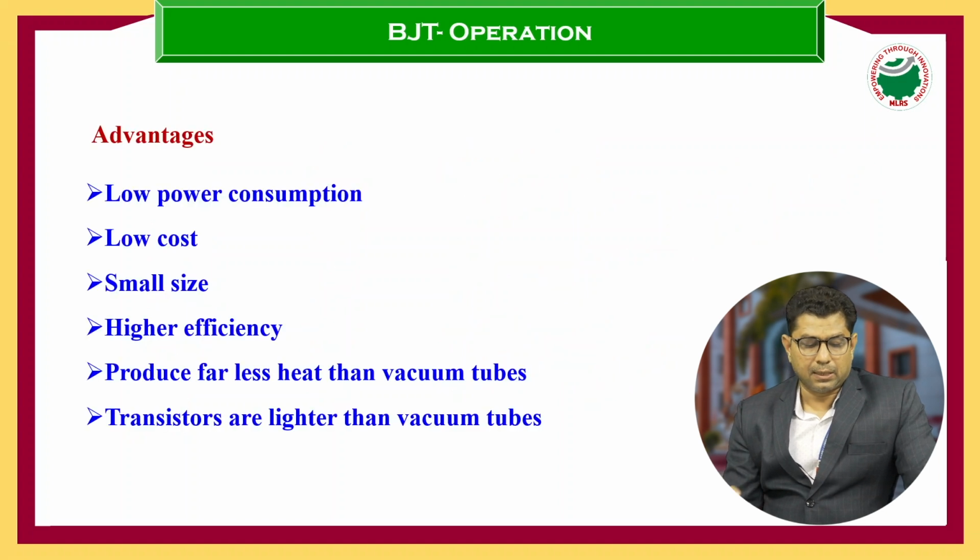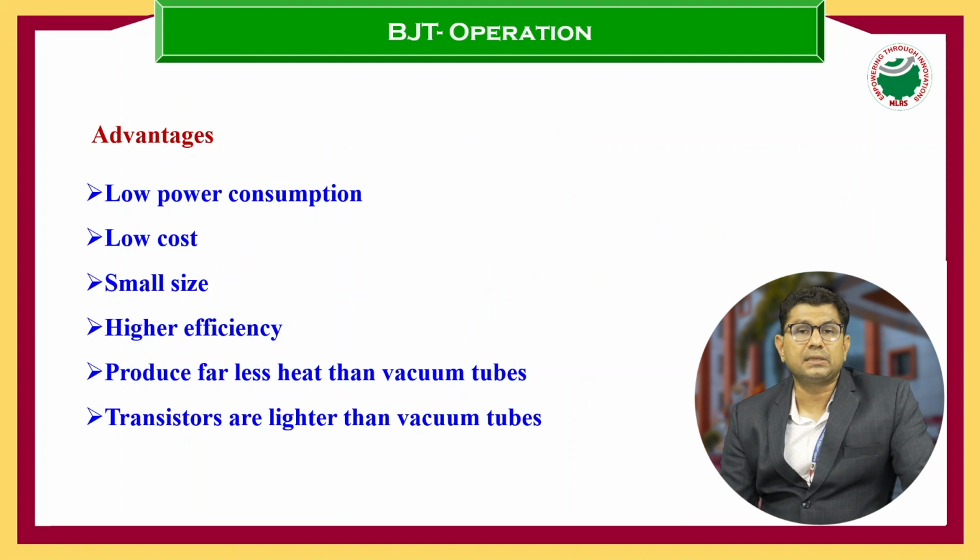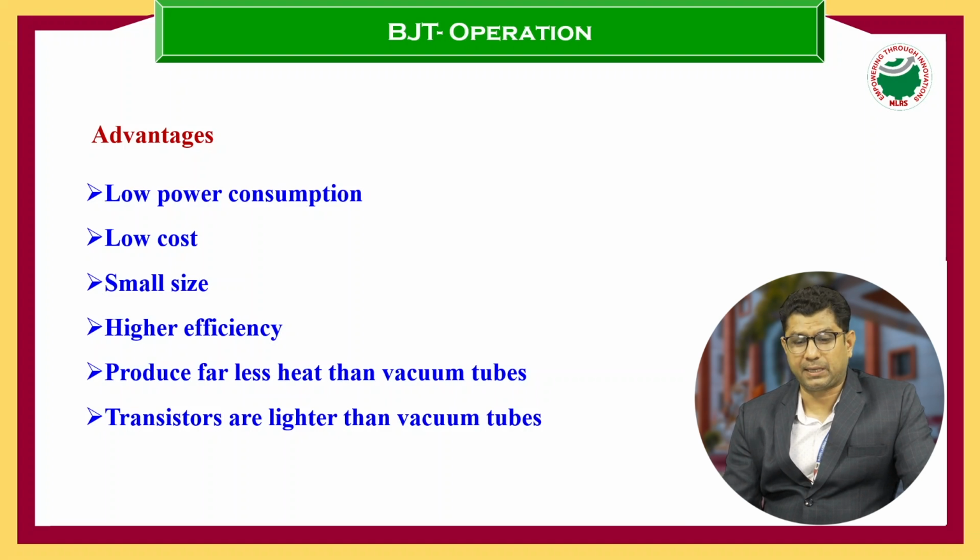What are the advantages of using these transistors? When we consider vacuum tubes, as initially discussed, their size is very large, so they occupy more space, consume more power, and produce more heat also.